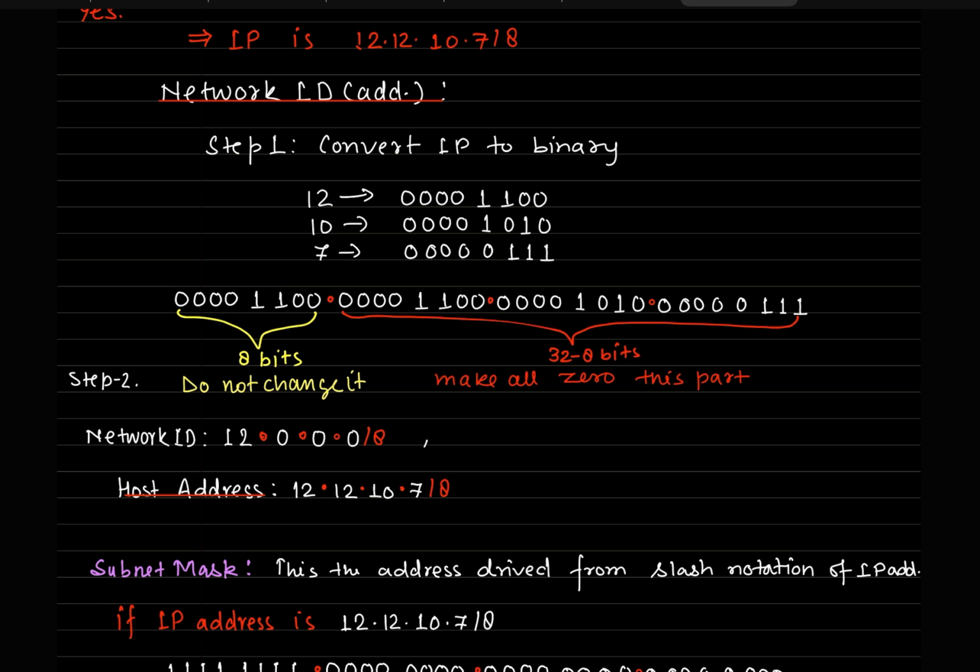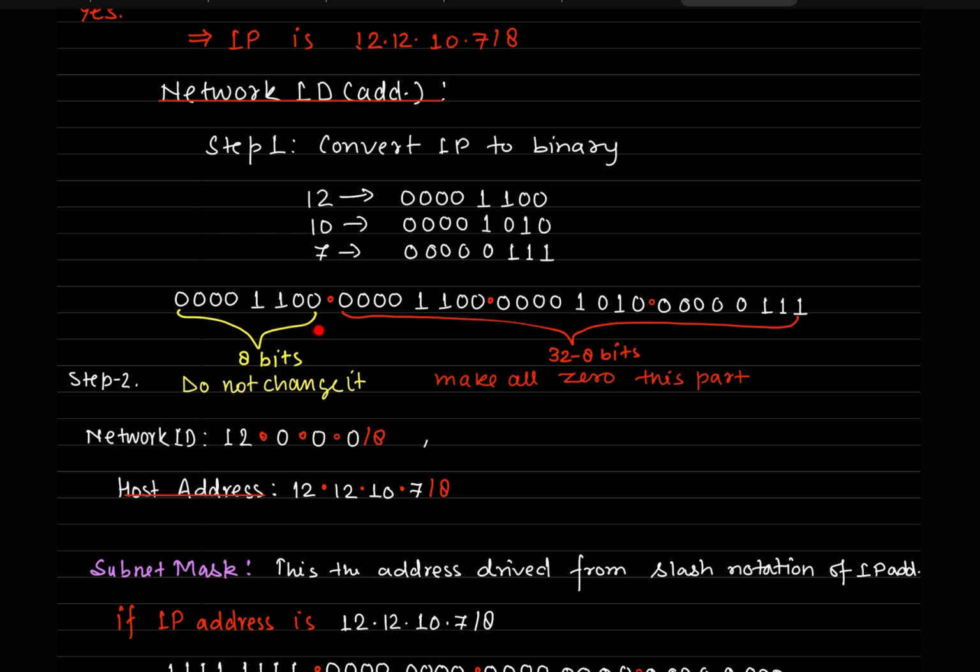To find the network address from this IP, we write the whole number over here. This is the 8 given in the question.